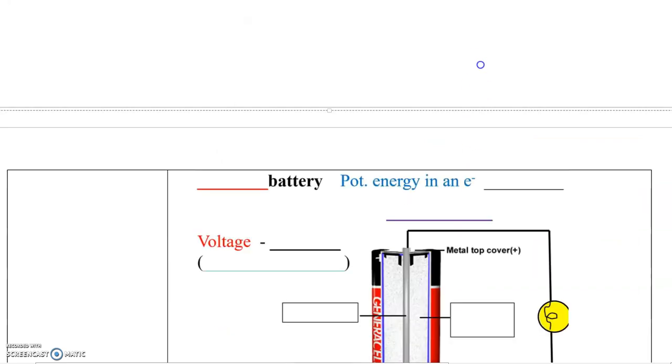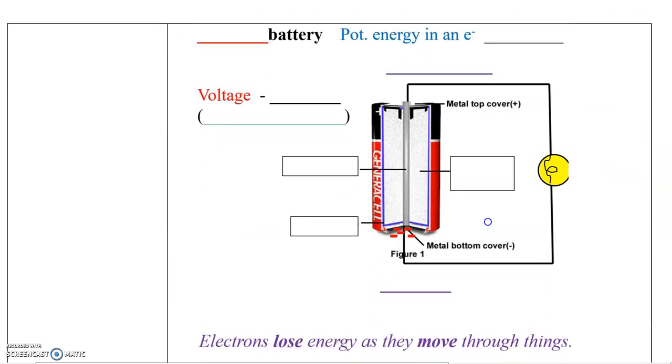So let's go through the life of an electron a little bit. Let's call this an example of a 5.5 volt battery. That means the potential energy of this, e minus, which is just a short form for electron, the potential energy in each electron is going to be 5.5 volts.